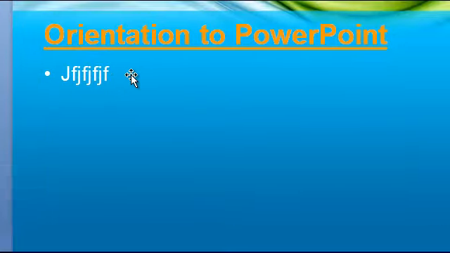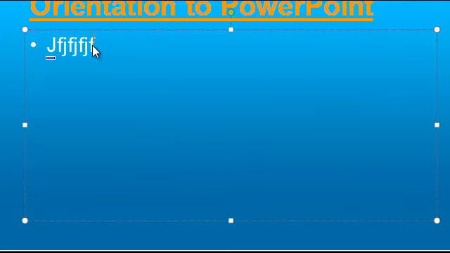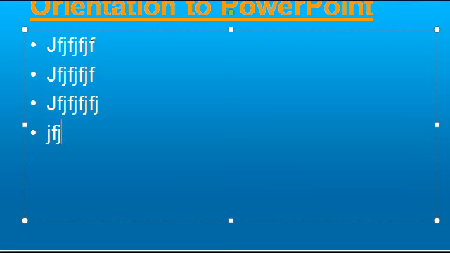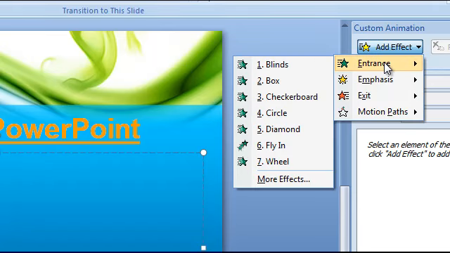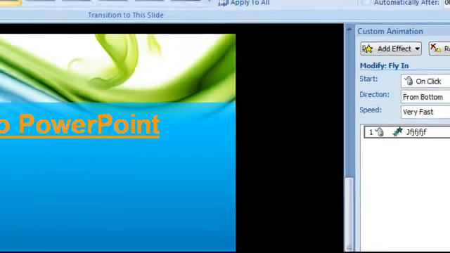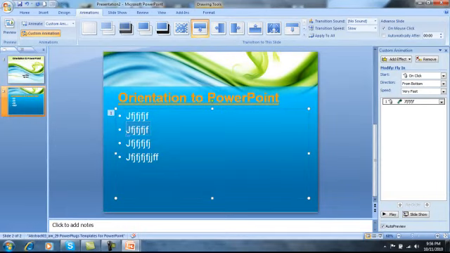If you have a bunch of lines and you want them to come in one at a time, then what you can do is highlight and then go over here, add effect, entrance, fly in. And then you can do it with a second one if you want.